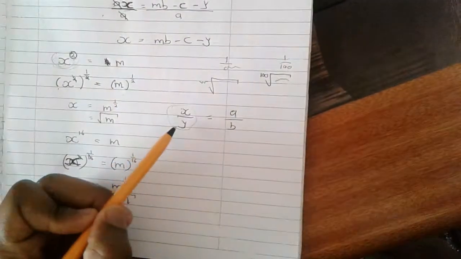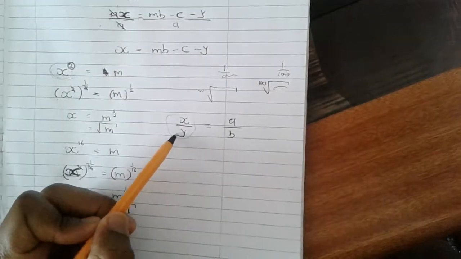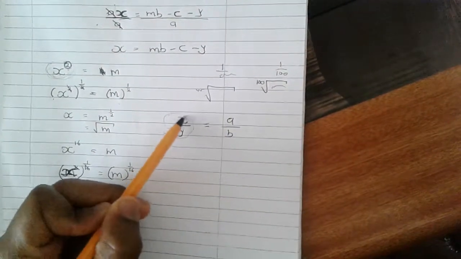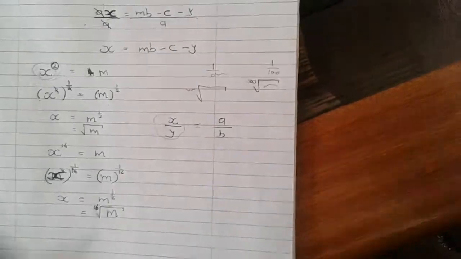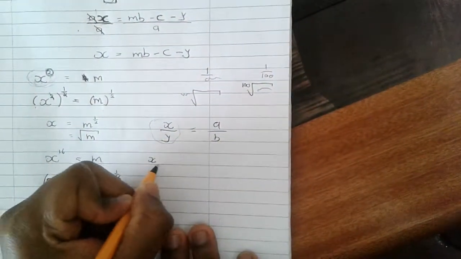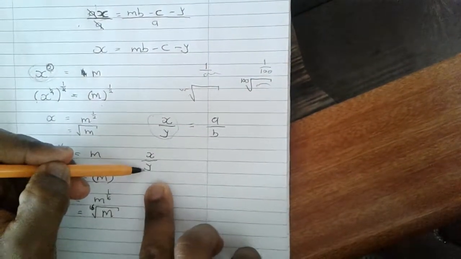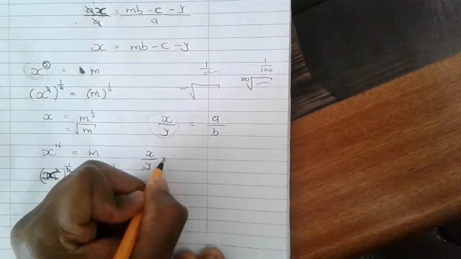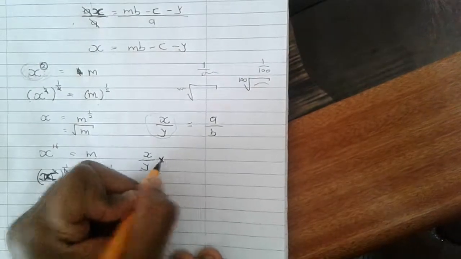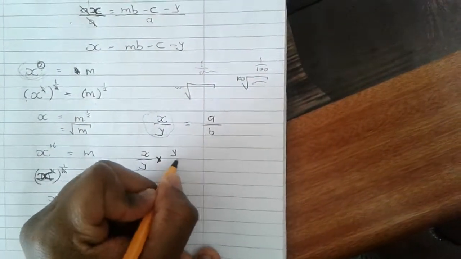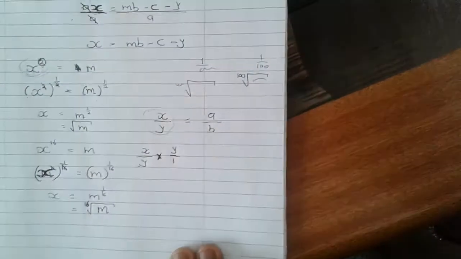So let's say they say get rid of y and make x the subject of the formula. What you're going to do is write x over y. Now since this y is below, you're going to multiply by y over 1.